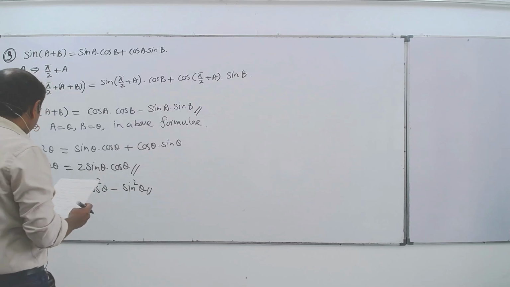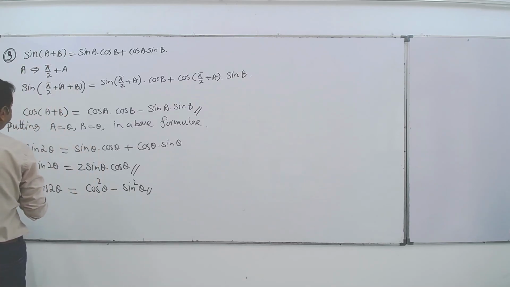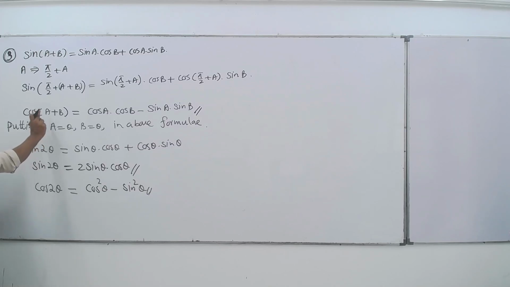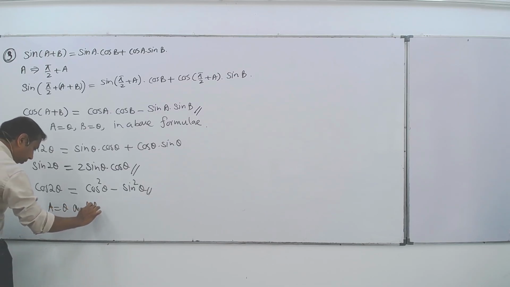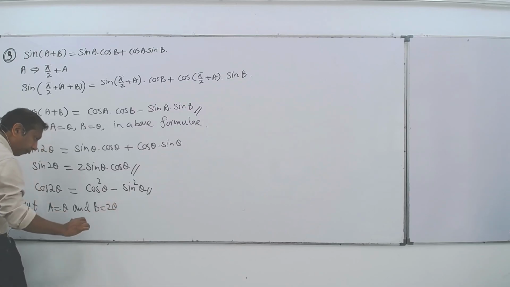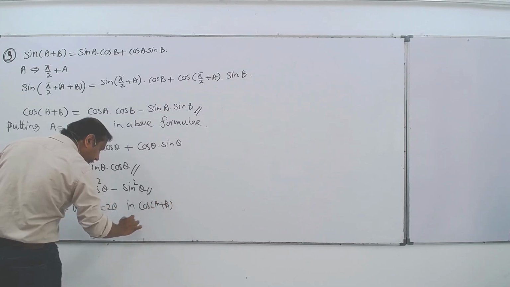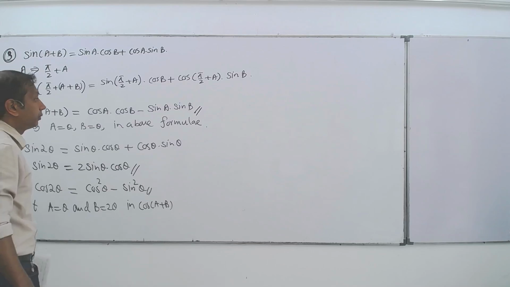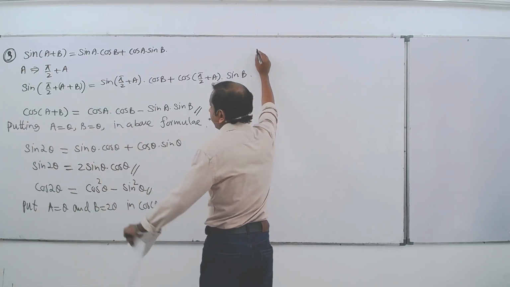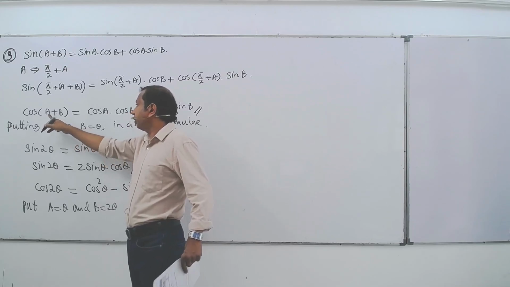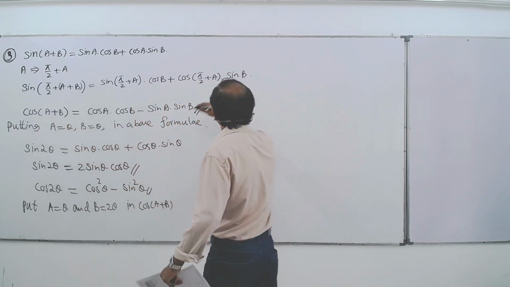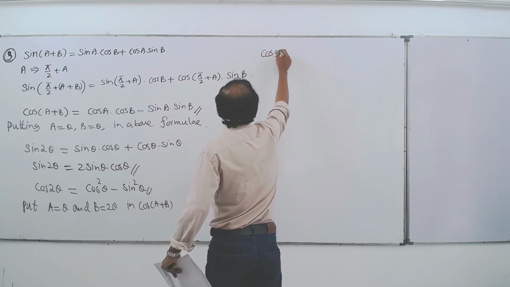Yes. Now what we do next is, in this formula, we put A theta and B 2 theta. Right? Put A theta and B 2 theta in cos A plus B. So what do you get there? When you put A theta, B 2 theta, theta plus 2 theta, 3 theta comes in. Cos 3 theta.